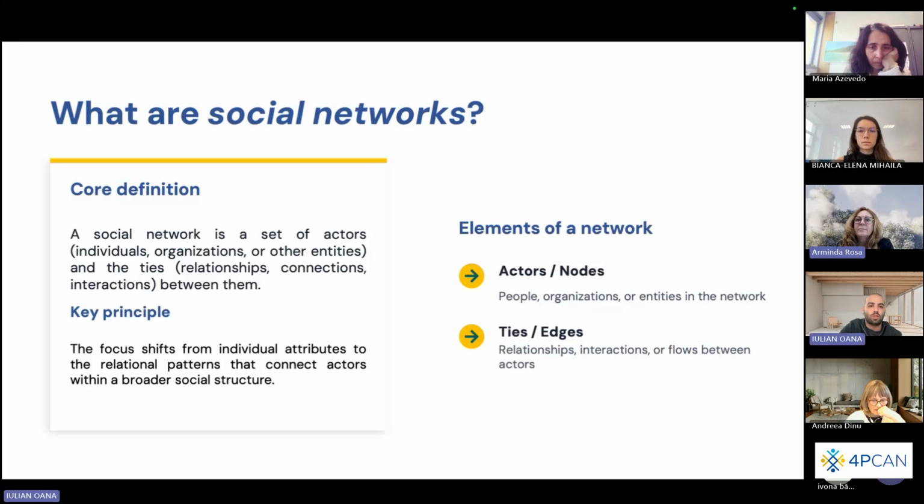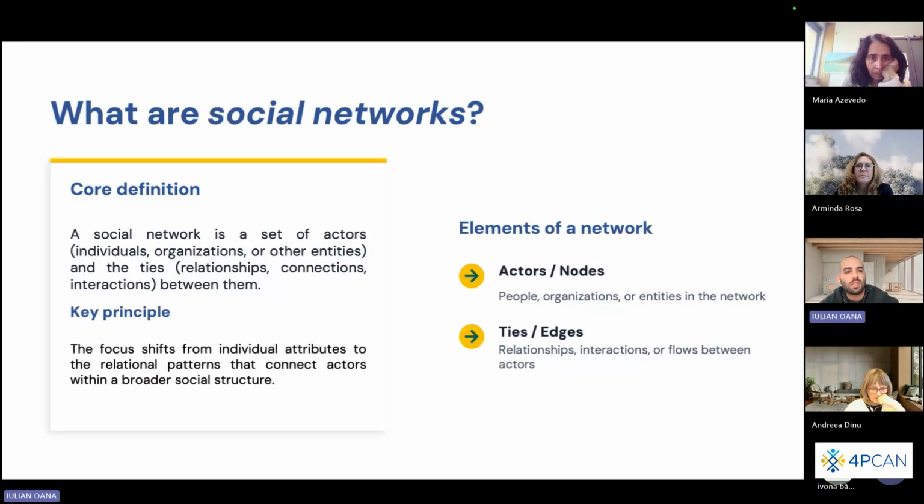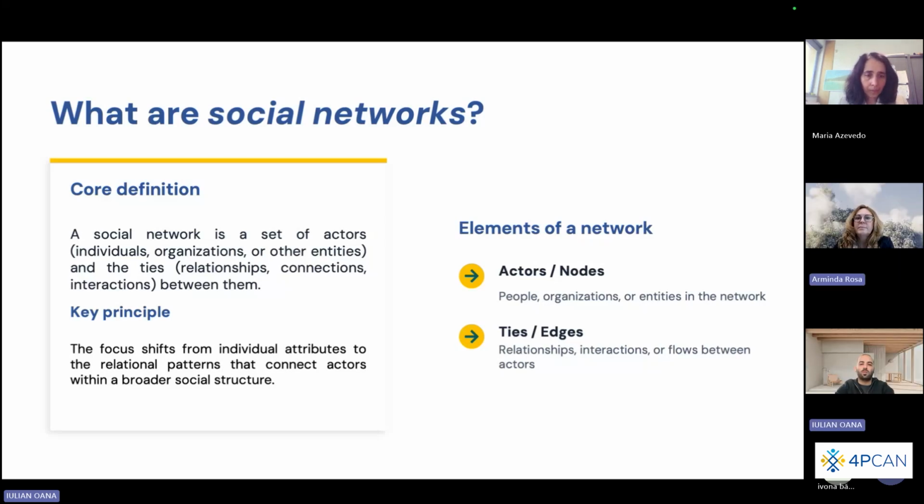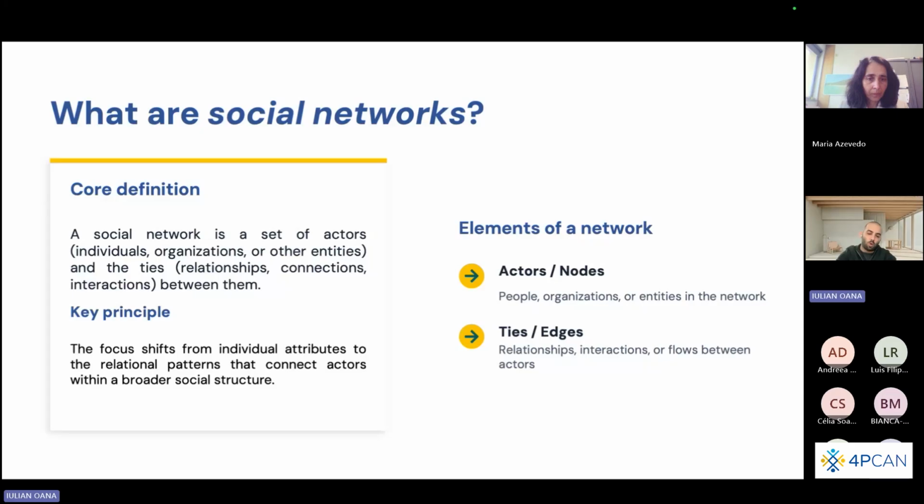As you know, if you participated in the second module, generally, a social network is a set of actors and the ties between them. So we have two very big elements here: actors or nodes and ties or edges.